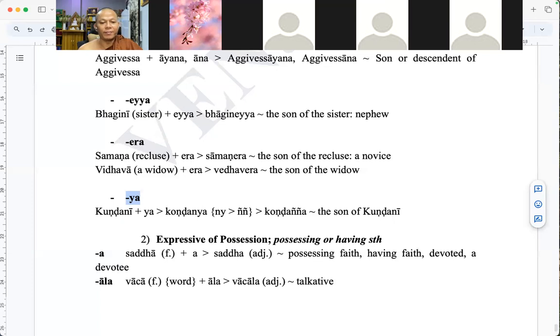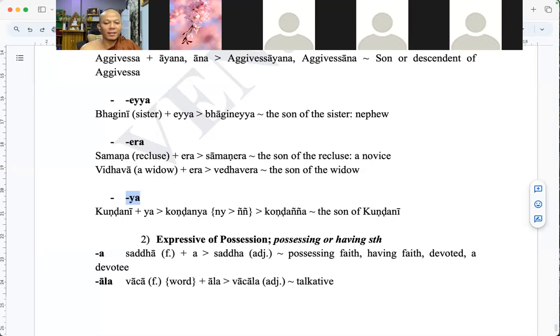So we can divide it by which gender it belongs to, and then we change the ending vowels into that specific gender, whether it is masculine, neuter, or feminine. Thanks for the guidance on that one.